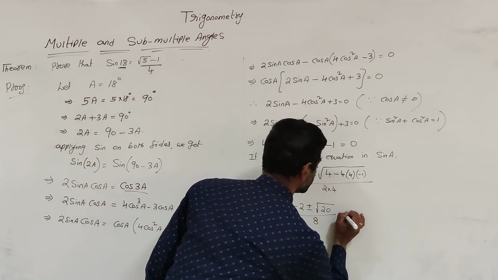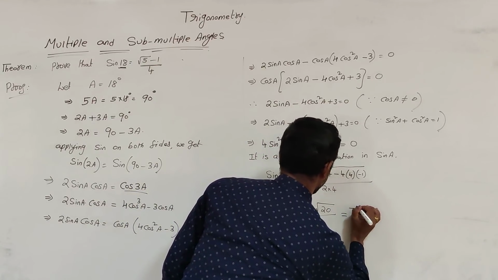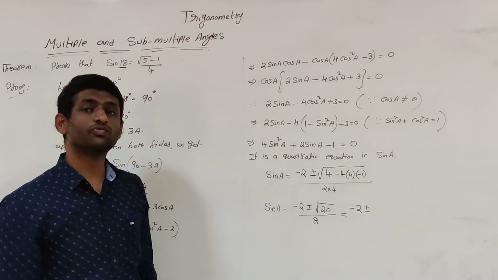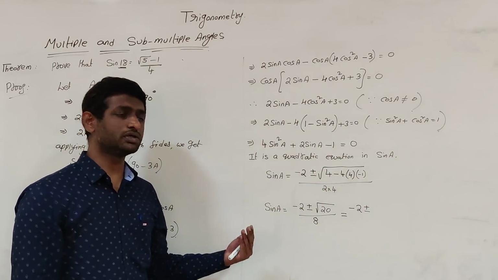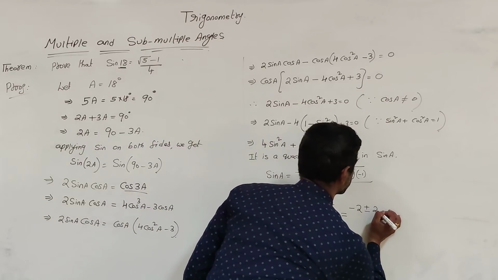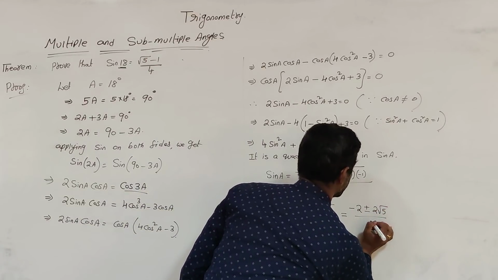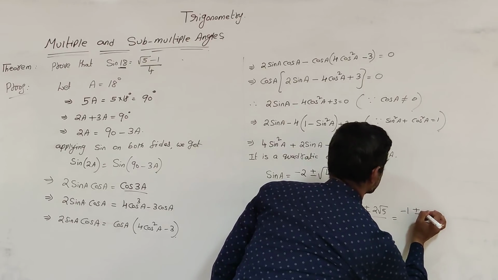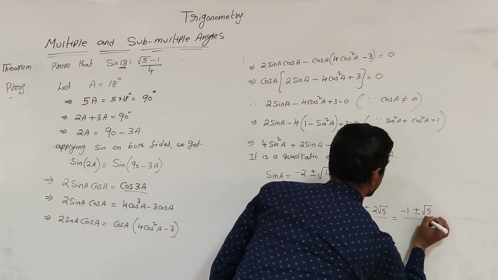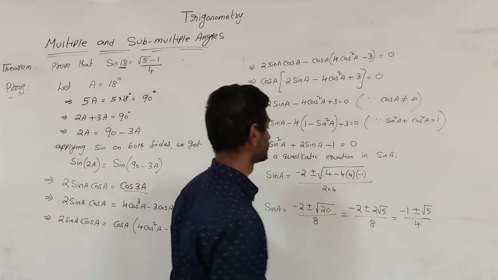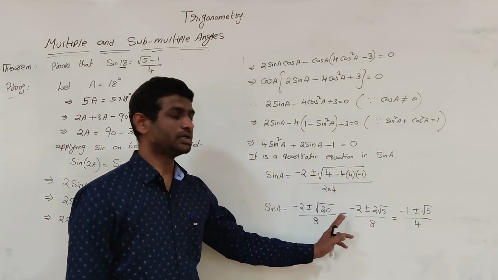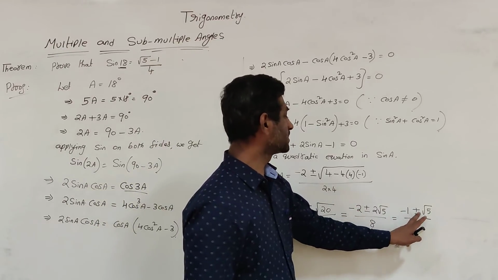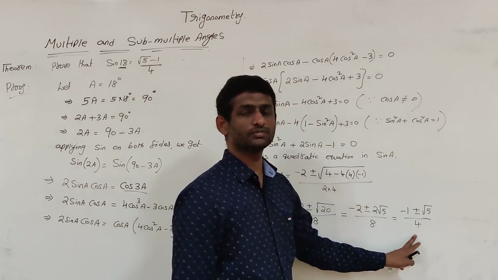If we simplify further, it will be minus 2 plus or minus root of 20, which is 5 into 4. If we take 4 out, it will be 2 root 5 by 8, or minus 1 plus or minus root 5 by 4, after taking 2 out and cancelling.